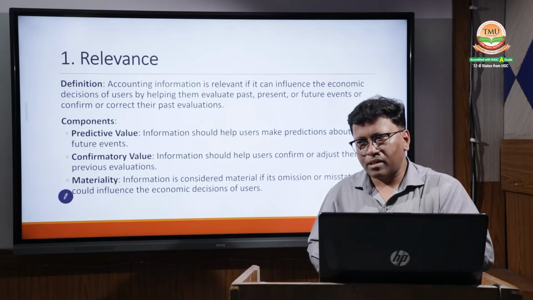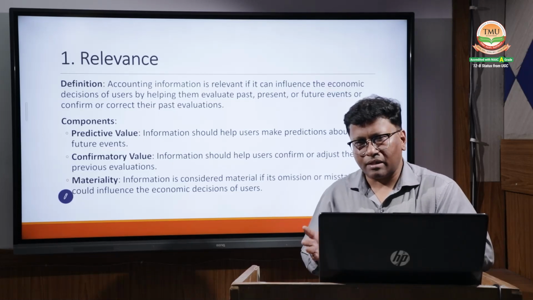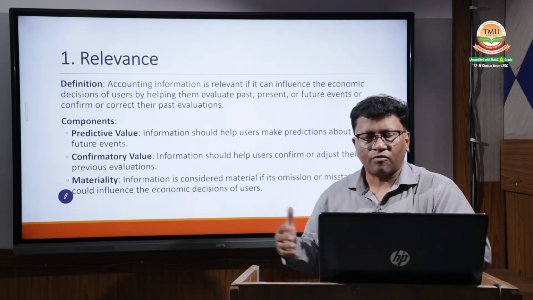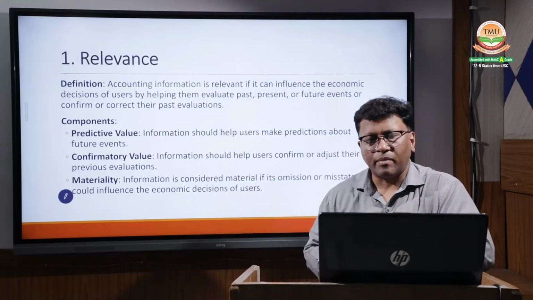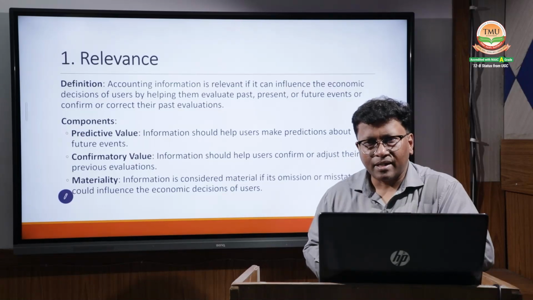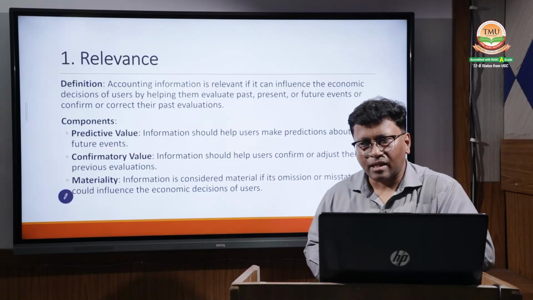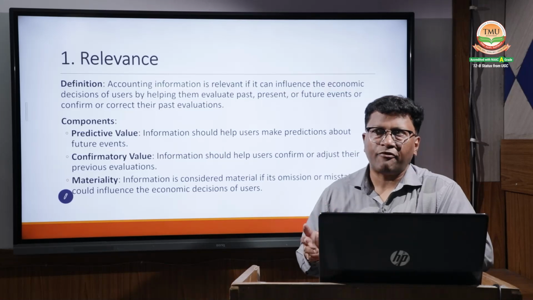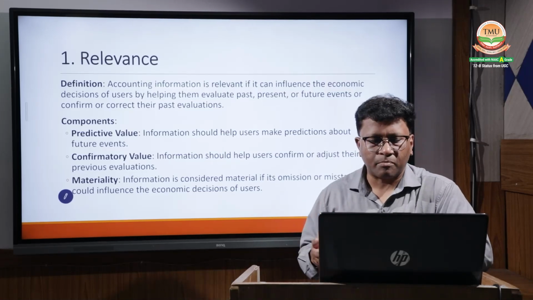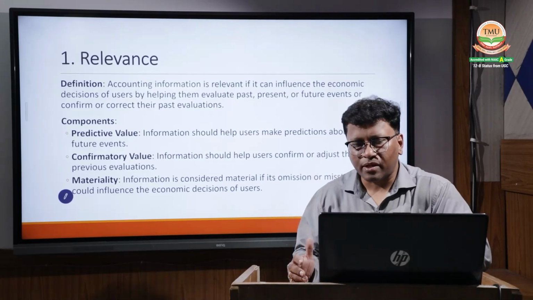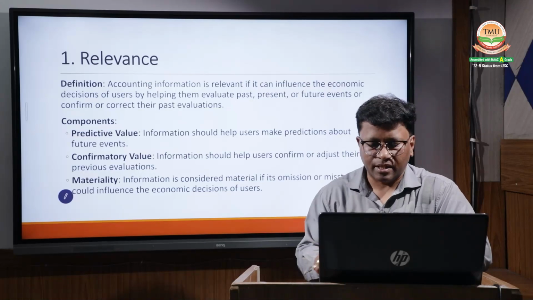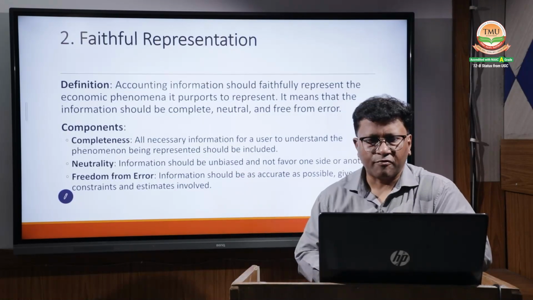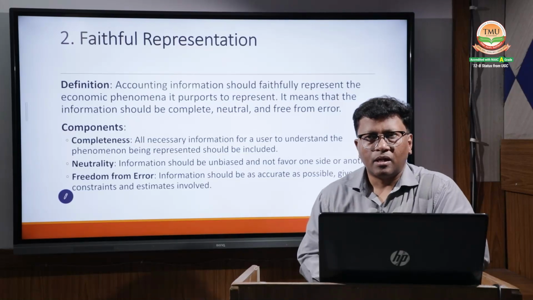In the principles or the assumptions you will read about it, but right now, as a characteristic of accounting, we are considering this particular point that materiality should be there, and materiality is considered in the sense that the information is considered material if the omission or the misstatement of that particular information could influence the economic decisions, right? And second is the faithful representation, no doubt.